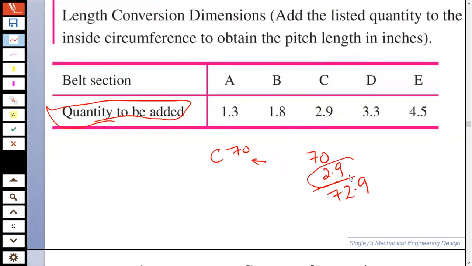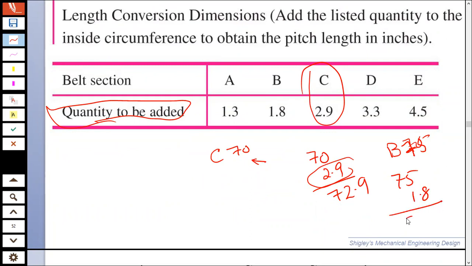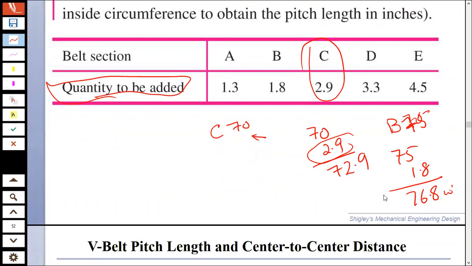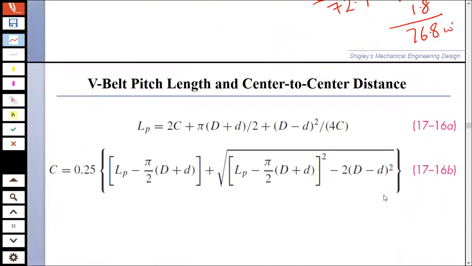Where did this 2.9 come from? Because for a C belt it is 2.9. If I want to convert a B75 belt and find out its length, that will be equal to 75 plus 1.8, which is 76.8 inches. Okay, so this is your length conversion.